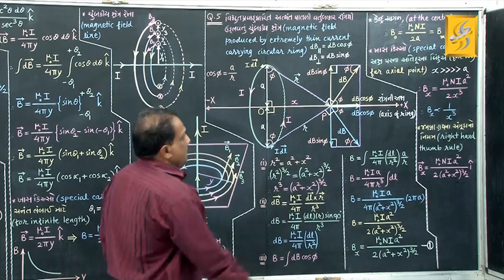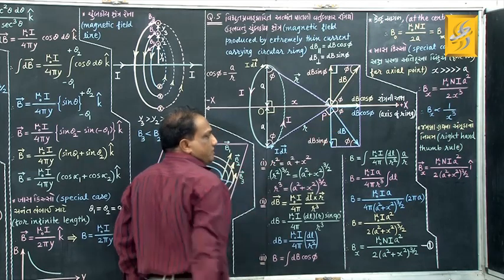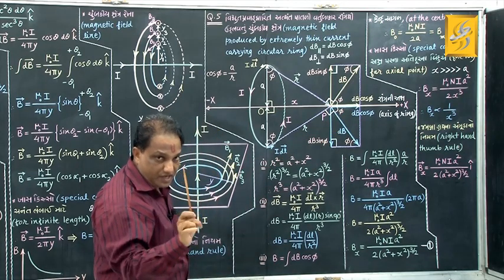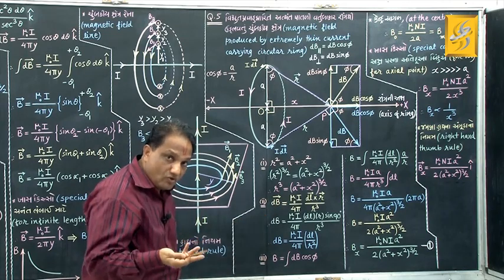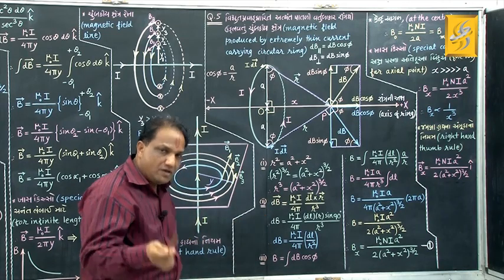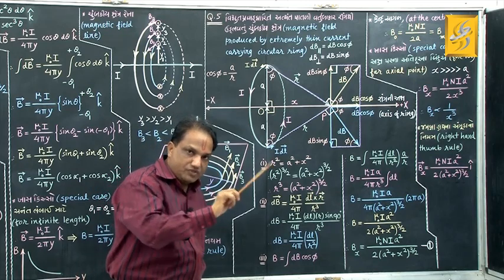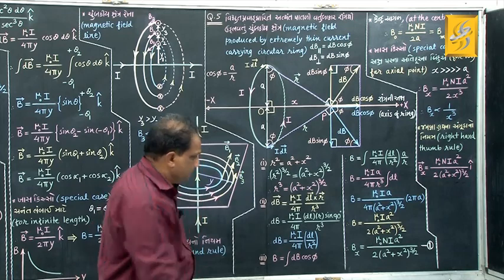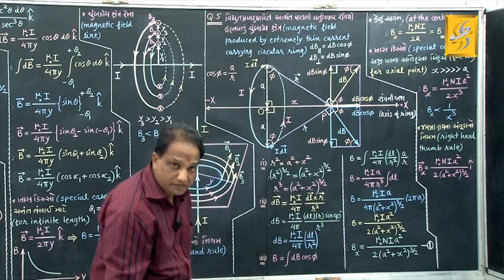Okay? Now due to this current element, the magnetic field produced at this very point according to Biot-Savart law is, suppose, vector dB, and then according to Biot-Savart law, what is vector dB? By formula, mu 0 I upon 4 pi into vector dl cross vector r upon r cube, correct?